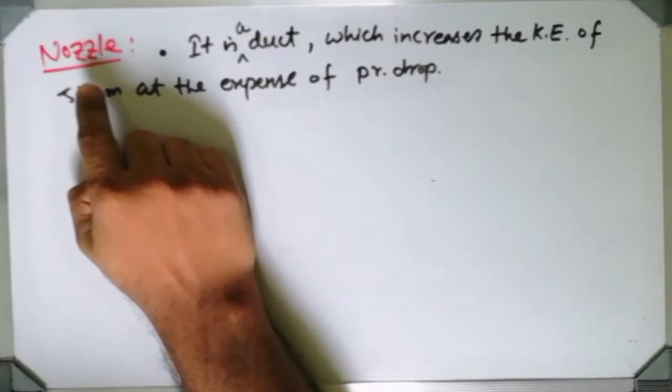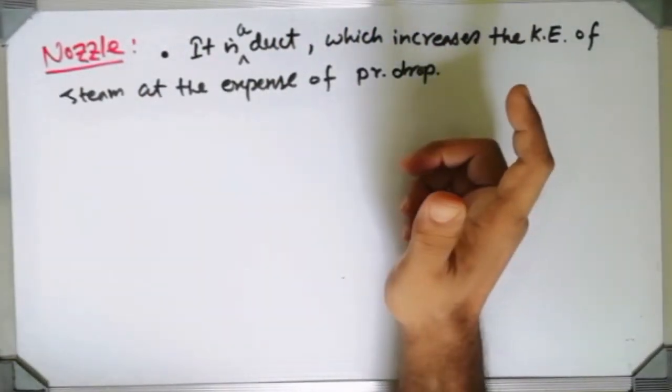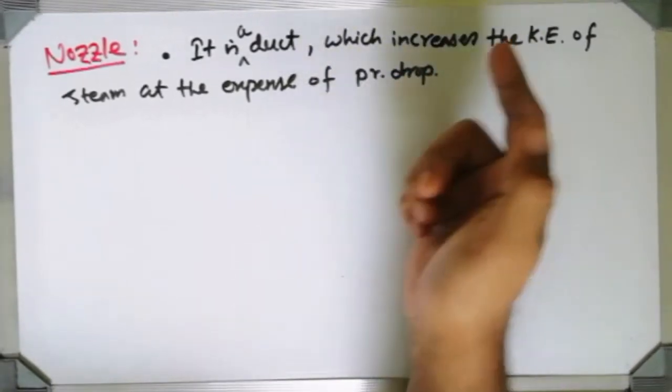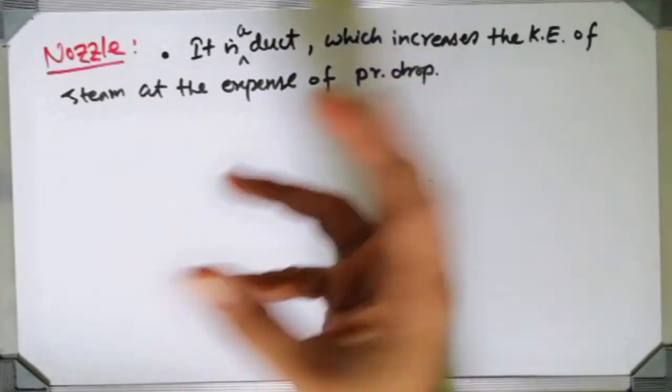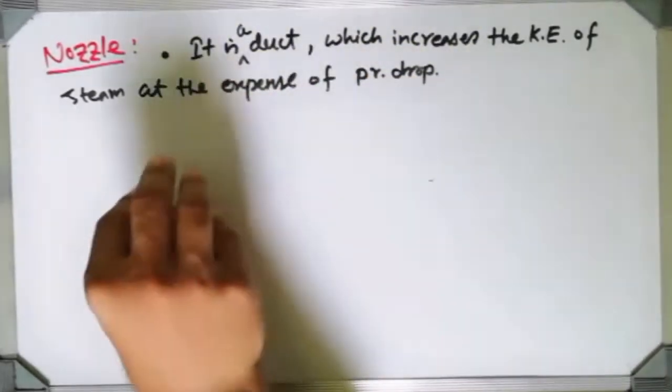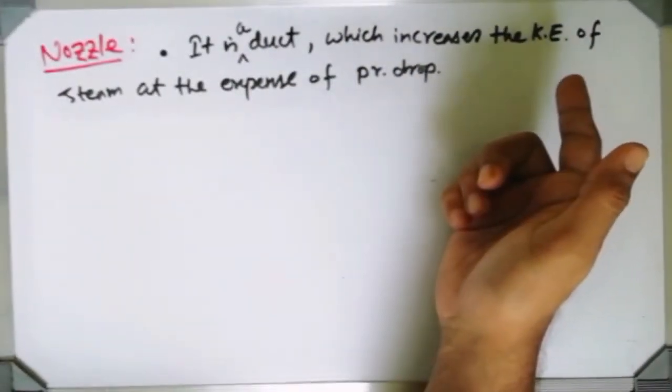That means it will decrease the kinetic energy of any fluid at the increase of pressure. So pressure will increase and velocity of the fluid will decrease in the case of a diffuser. And the nozzle will increase the kinetic energy of steam.